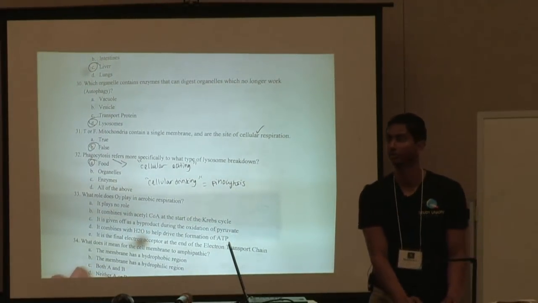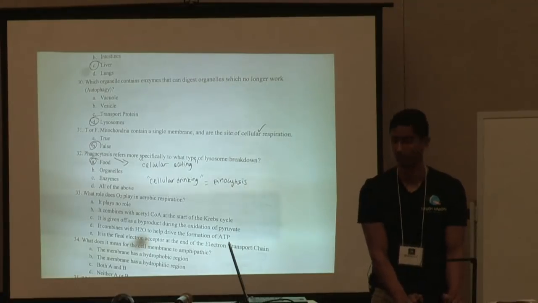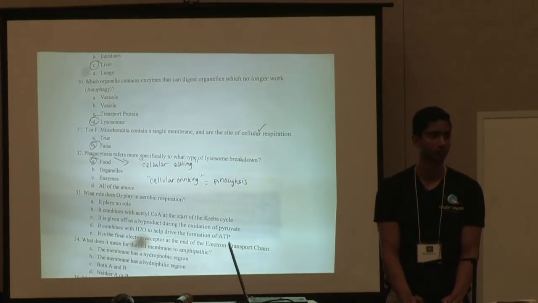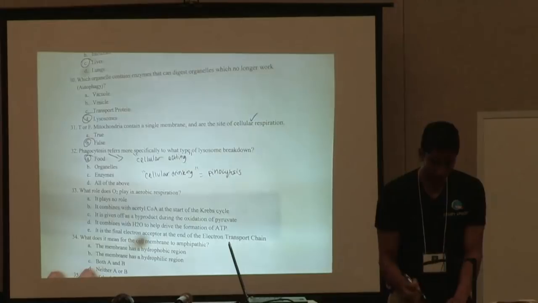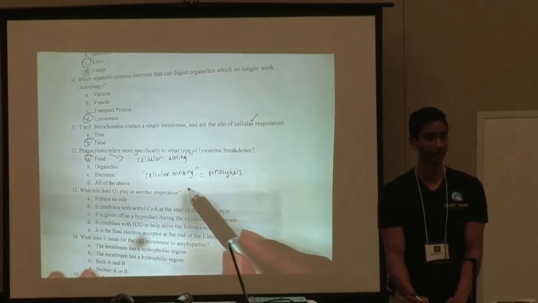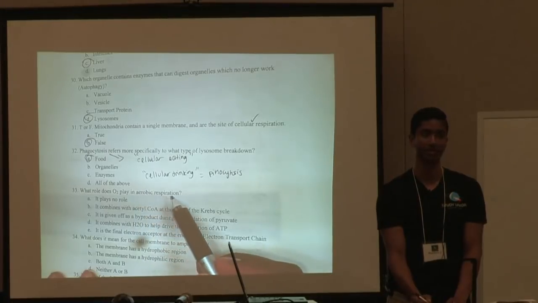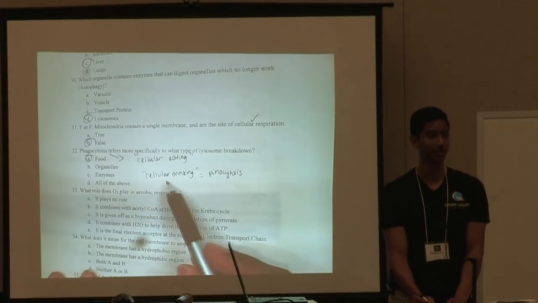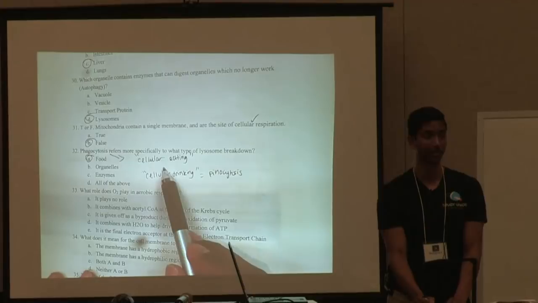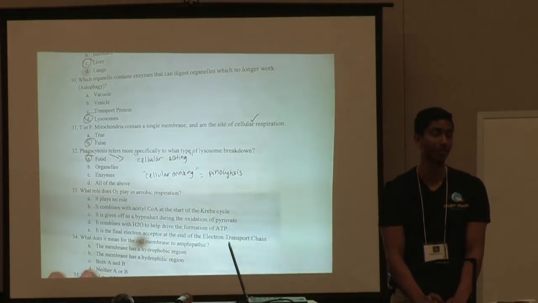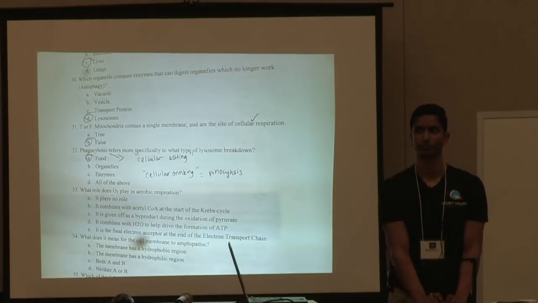Everyone good? Cellular drinking, okay. So when a macromolecule is brought in, the macromolecule is kind of dissolved into the fluid of the cell. So it's cellular drinking, so it uptakes all of that fluid. And then cellular eating is because they still stay kind of big molecules within the cell. Any other questions?